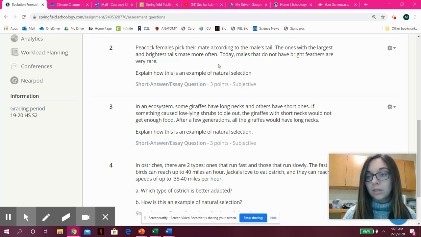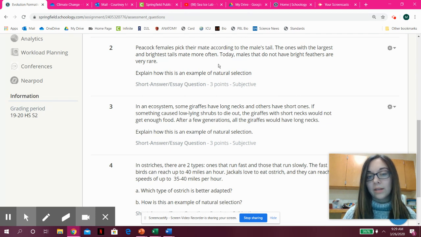They were less attracted to those with dull feathers, more attracted to those with bright feathers, and over time, that trait was selected for. So that would be an answer that would work. You need to address that a better trait is there. Those with the better trait are better adapted and will survive to reproduce.